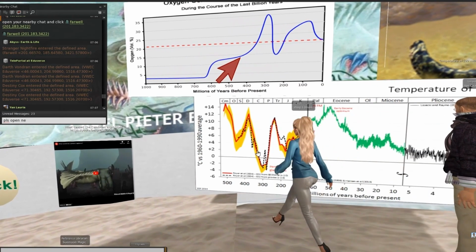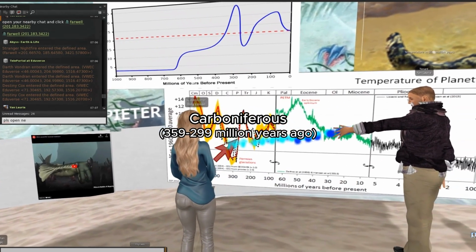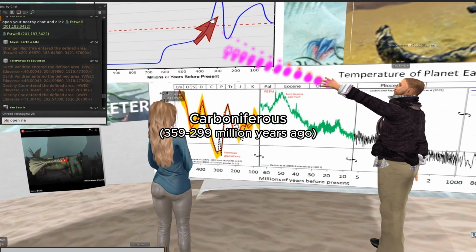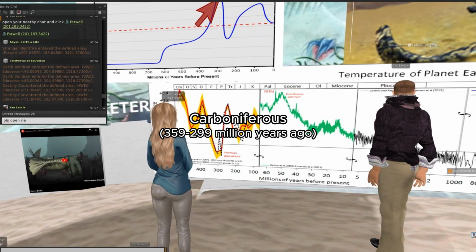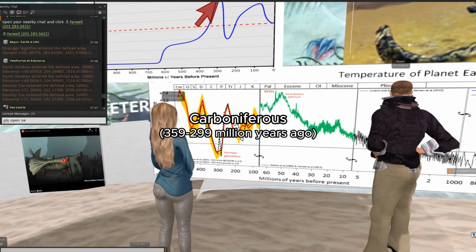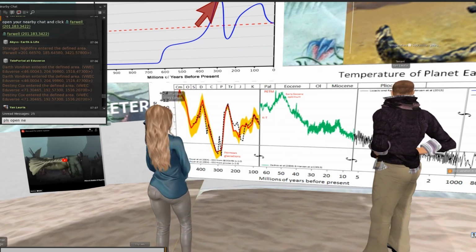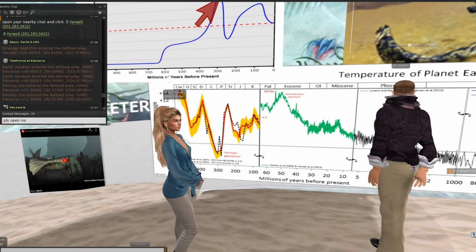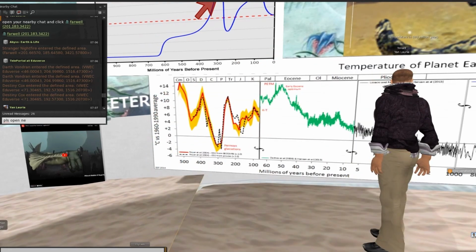And the next stage, Carboniferous, is here. So temperature is cooling, but oxygen is increasing. Because during the Carboniferous, giant fern trees developed, but wood-degrading fungus did not evolve sufficiently, and they were buried in the ground and turned into a huge amount of coal.